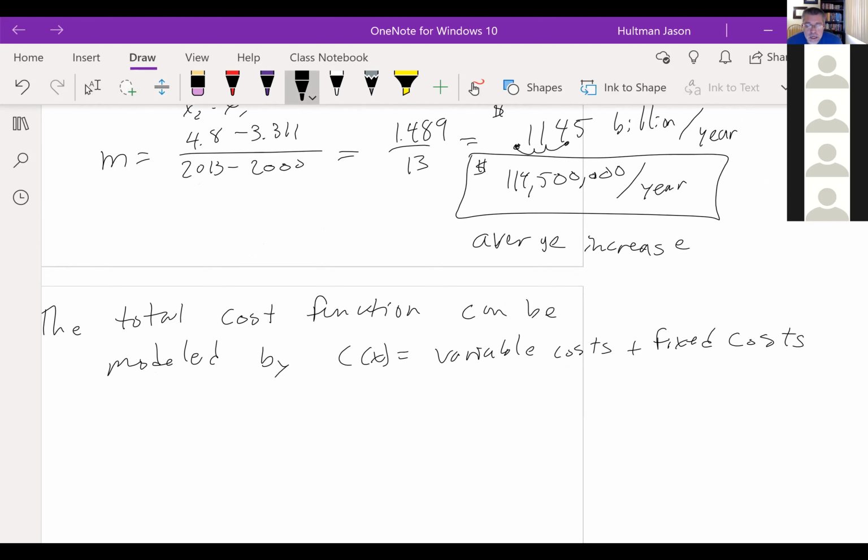So we've got the variable costs and the fixed costs, right?